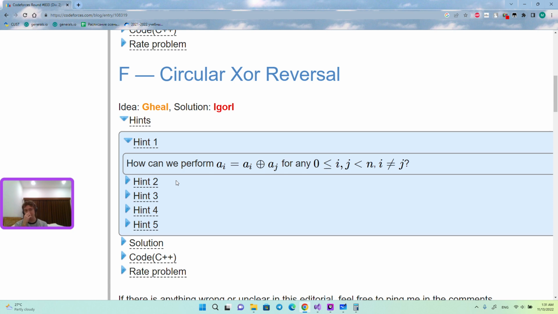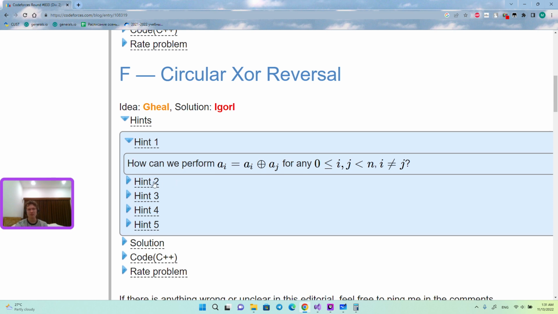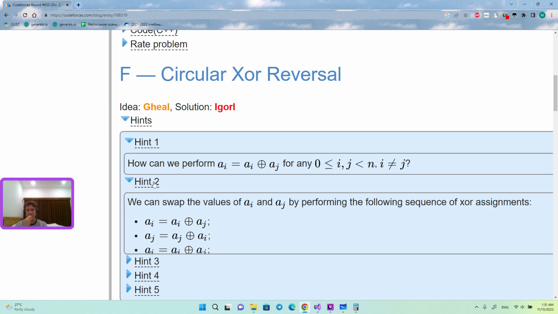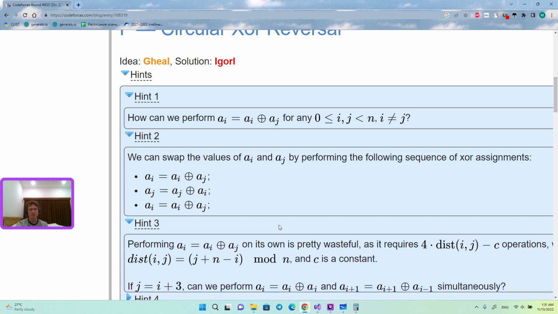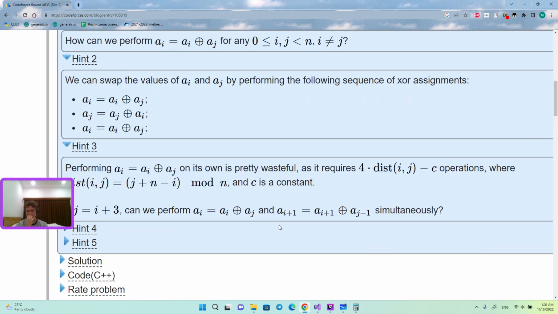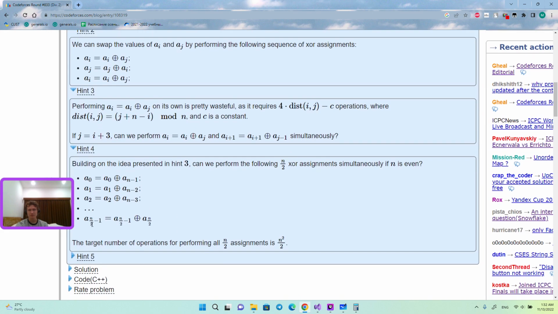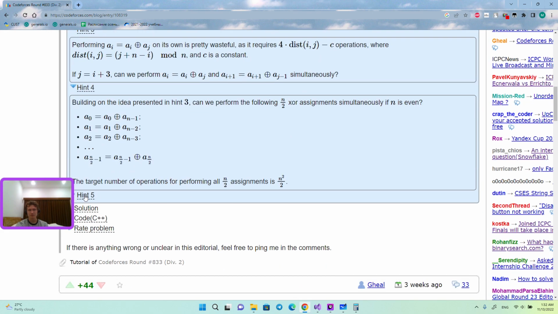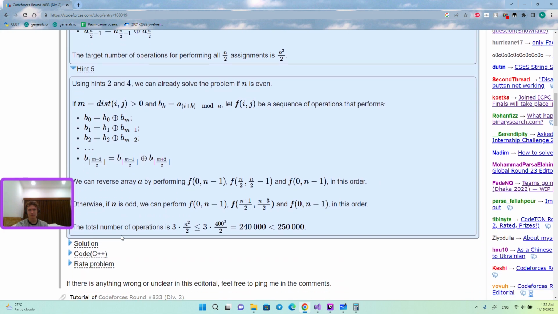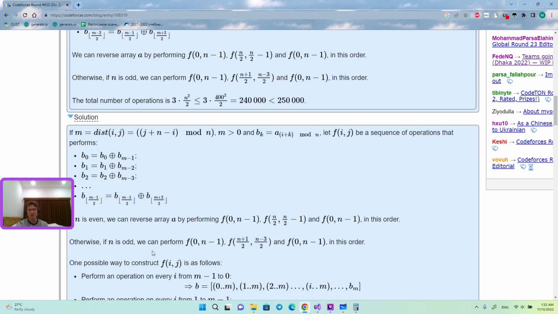So we want to perform a_i equals a_i plus a_j for every pair of numbers.